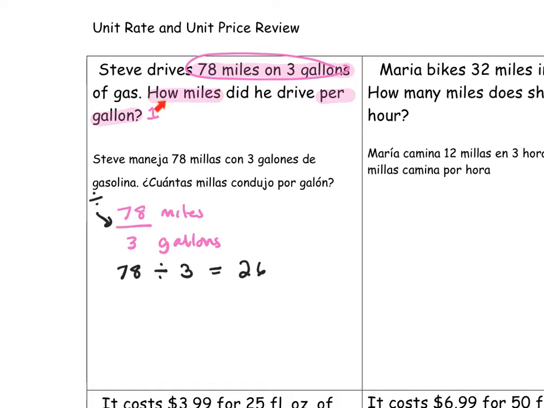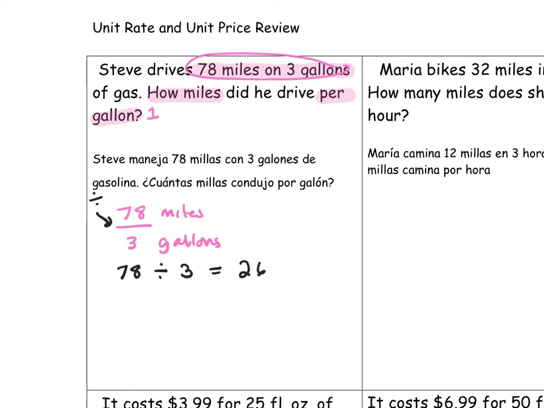So now we have to put meaning to that. Well, what did they ask us? They asked us how many miles per gallon. So you're going to notice what we find is the top label, 26 miles for 1 gallon. So we're going to write that up. So again, the question, how many miles did Steve drive per gallon?